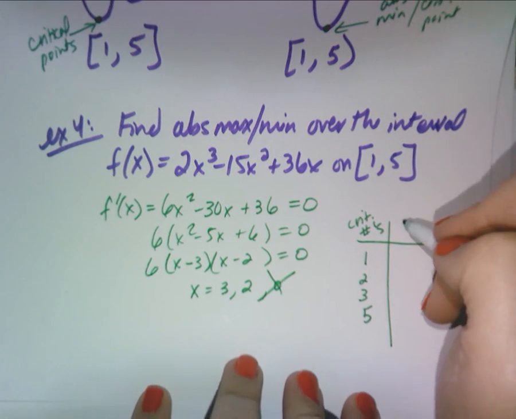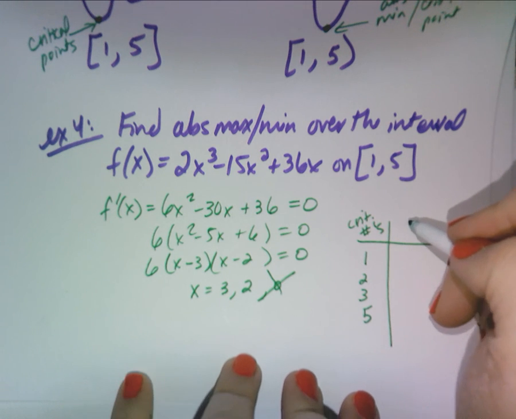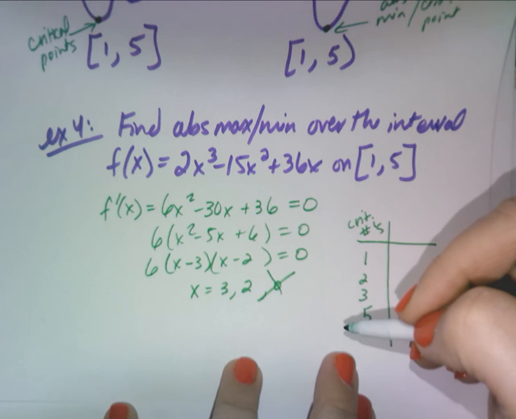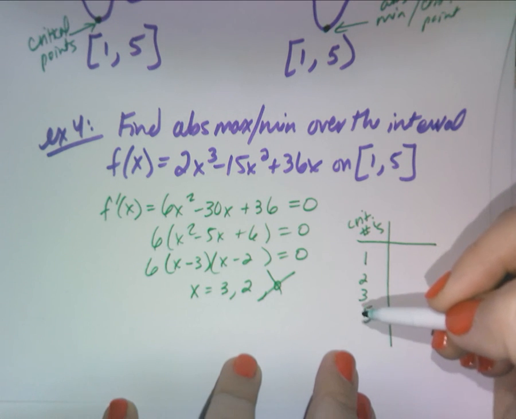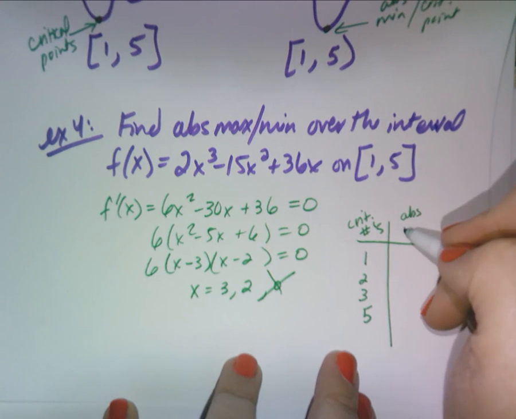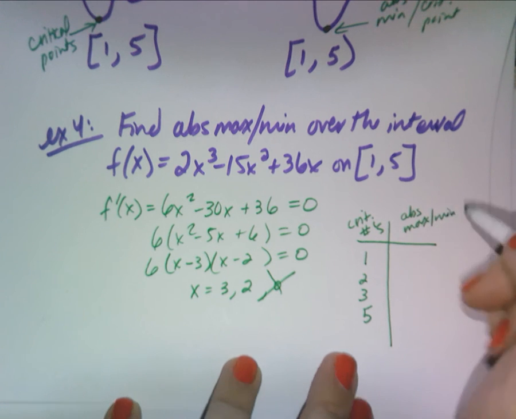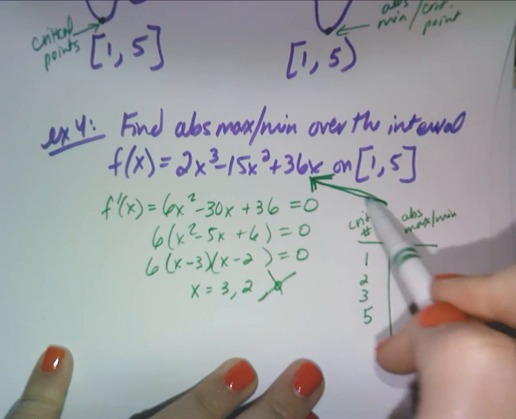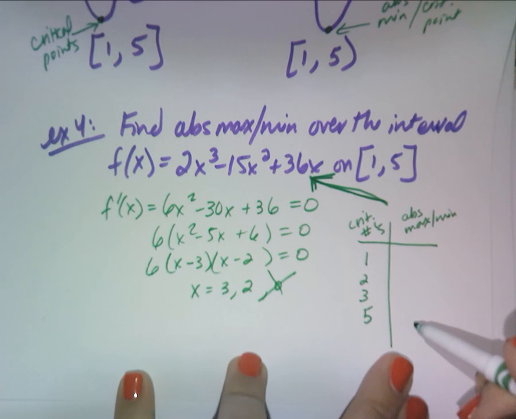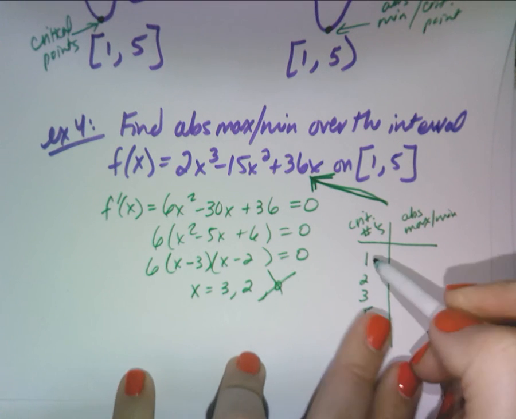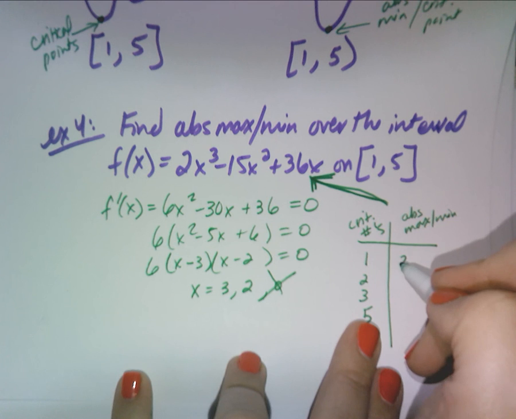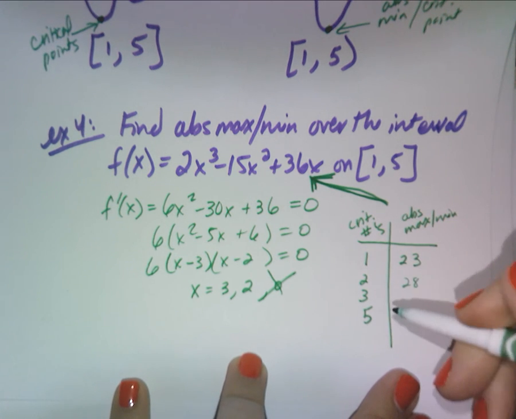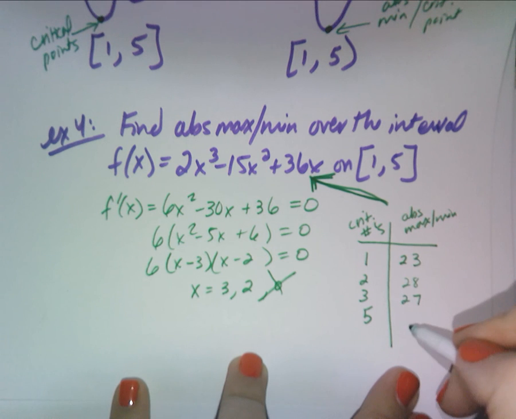And then I use my calculator and go to original or derivative. Think. Original. And I look to see which one is my absolute max or which one is my min. So you go to your original and you find out what those y values are. Okay, so I'll just give you that f(1) is 23, f(2) is 28, f(3) is 27, and f(5) is 55.